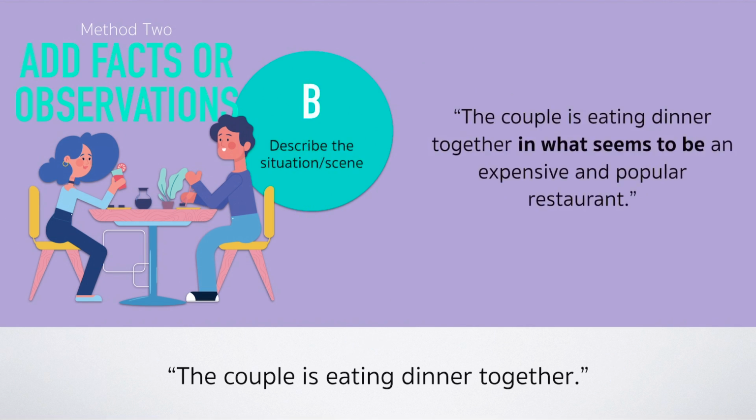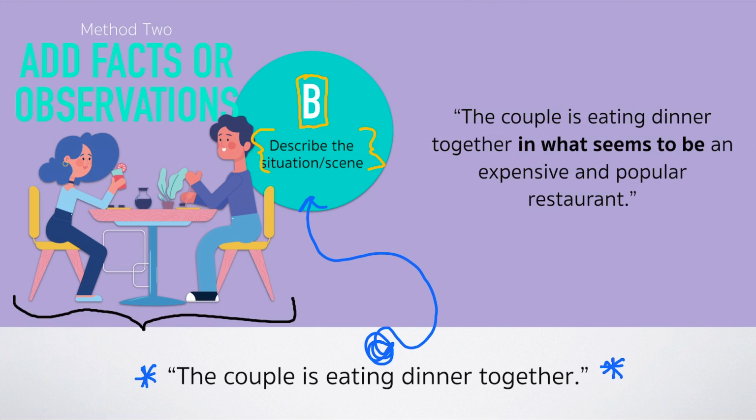Now, if we look at letter B, this says describe the situation or the scene, okay? Remember in the previous screen, I said you guys can describe what is actually going on here. Where are they, okay? All right, so again, original sentence, the couple is eating dinner together. We're going to take this, bring it on up here, add it to that, and then bring it on over here.